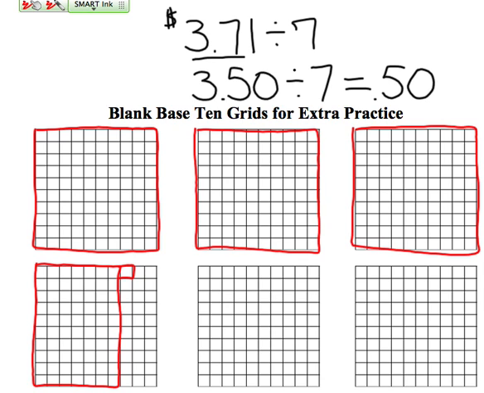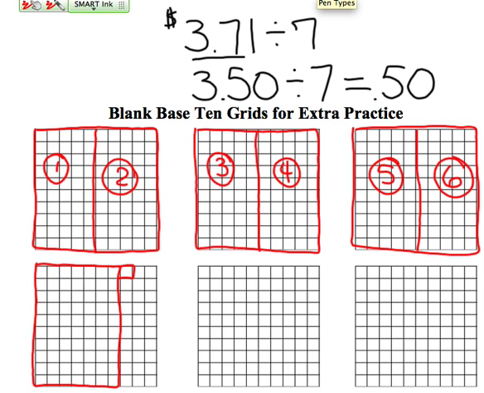I'm going to break up each whole into half. This is apple 1, apple 2, apple 3, apple 4, apple 5, apple 6, and apple 7.